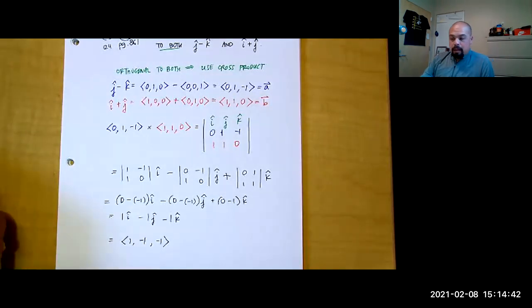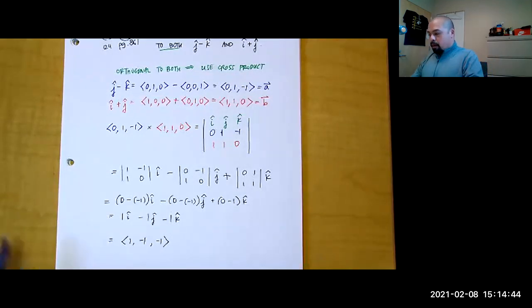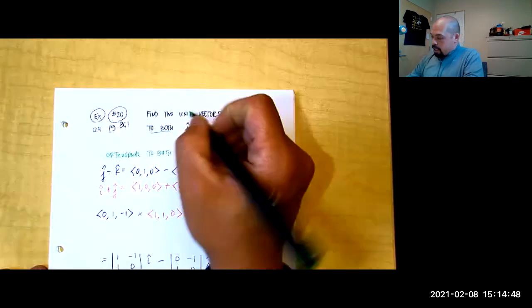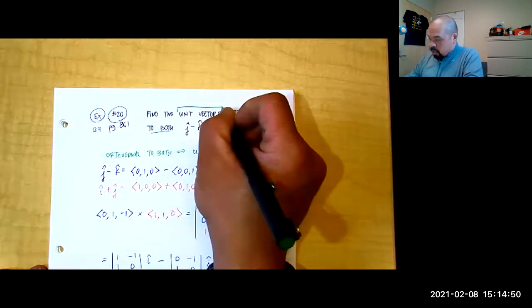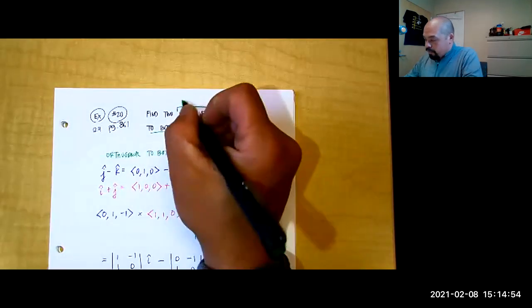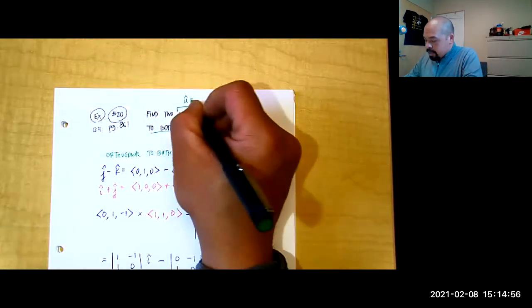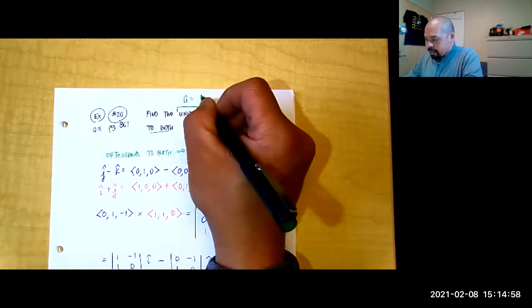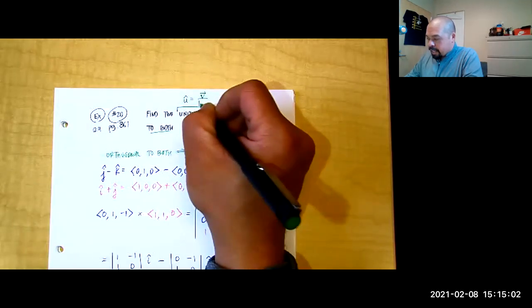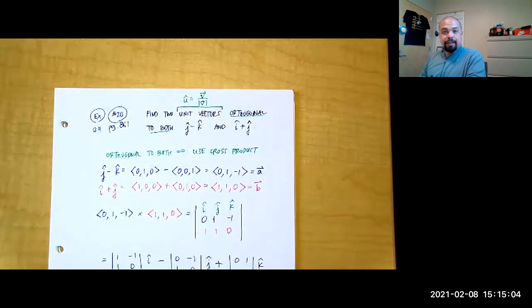So then, going back to our problem though, remember we wanted a unit vector. So to create that unit vector, we take our answer and we divide it by its magnitude, right?